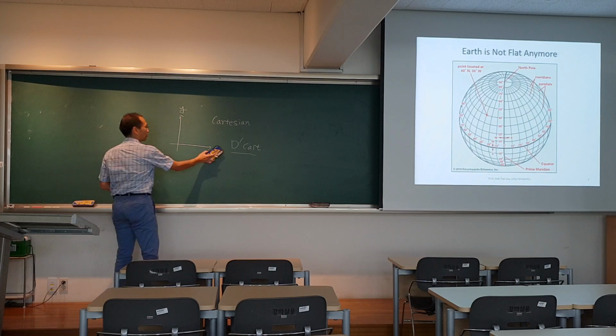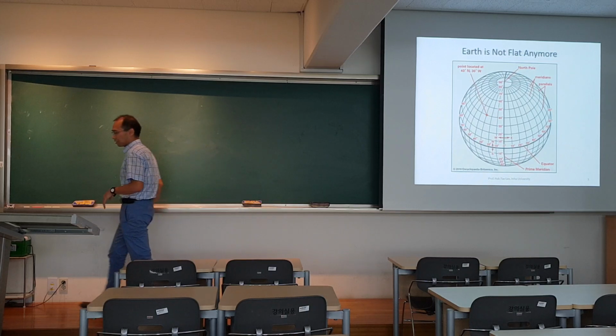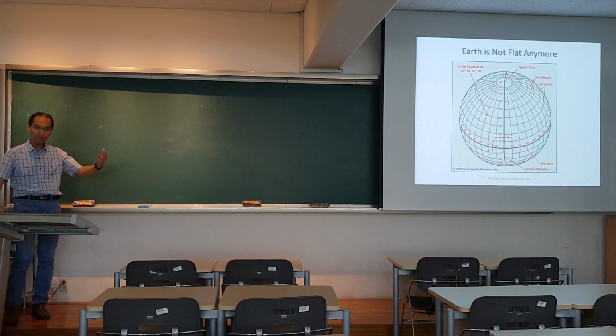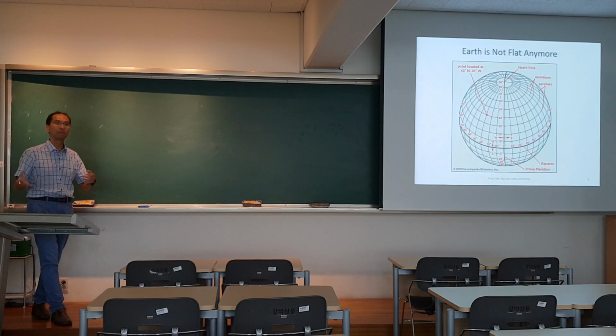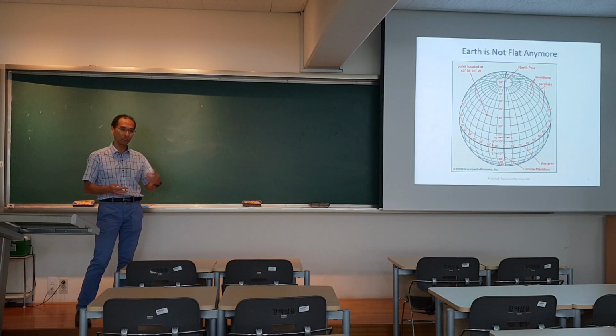So for describing a position on Earth, people invented a spherical coordinate system a long time ago, before airplanes, because they had to navigate their ships around the world across the ocean.